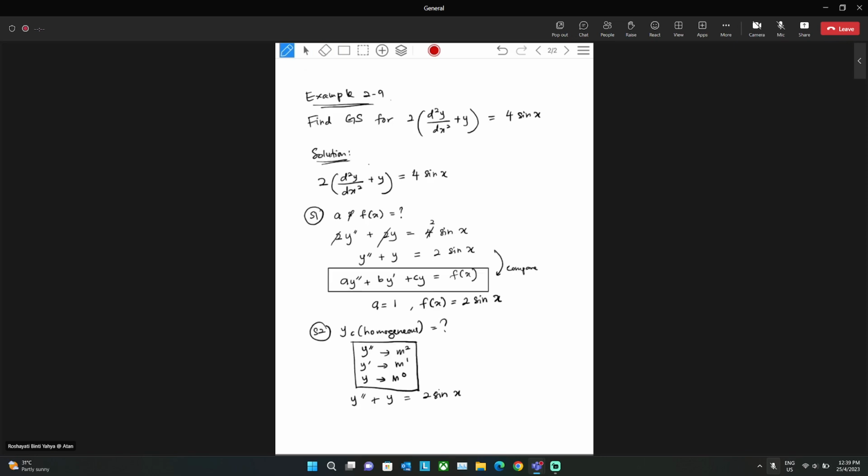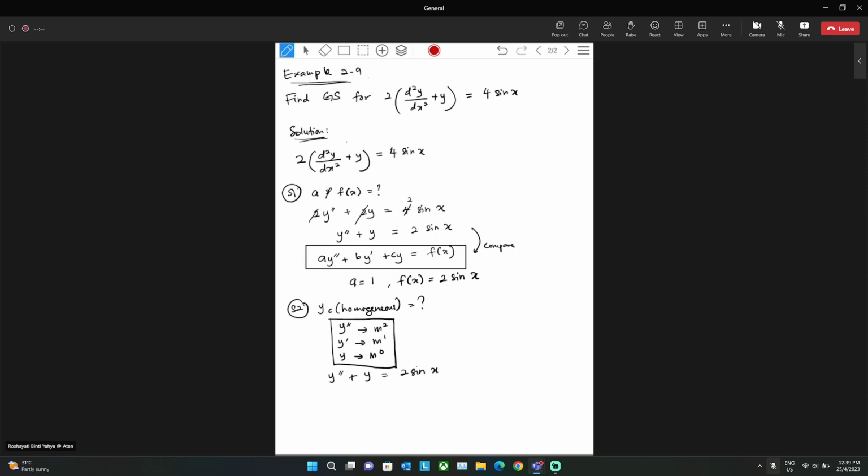But for homogeneous, you need to change your f(x) to 0. So y double prime becomes m squared plus y here becomes 1, equal to 0, for homogeneous consideration.